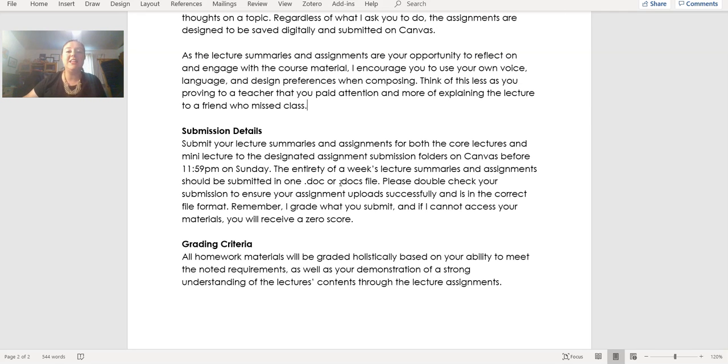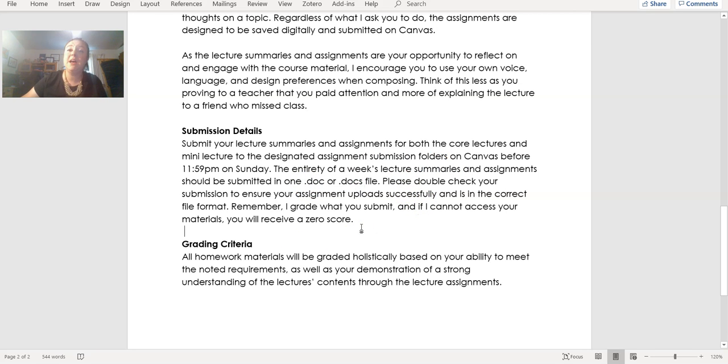Also, keep in mind that this should be submitted as a .doc or a .docx file. Please do not submit anything through Pages. Pages is very problematic with Canvas and with my own personal devices. Sometimes it works, sometimes it does not. So just make sure that it is in this proper file format here.